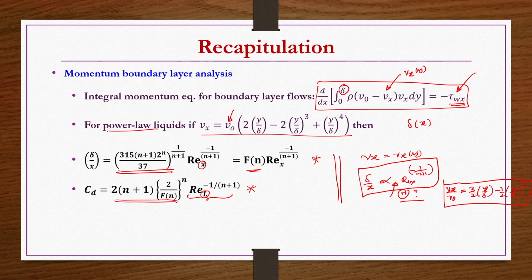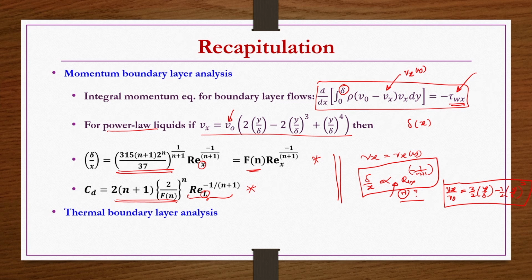Then we also saw a few basics of the thermal boundary layer, its analysis, and how to develop the integral energy equation for boundary layer flows when there is heat transfer. That is, if the surface of the solid plate and the fluid flowing over it are at different temperatures, then heat transfer would also take place within the boundary layer.